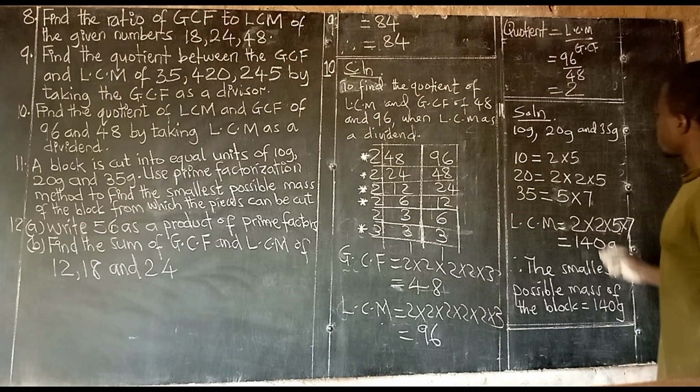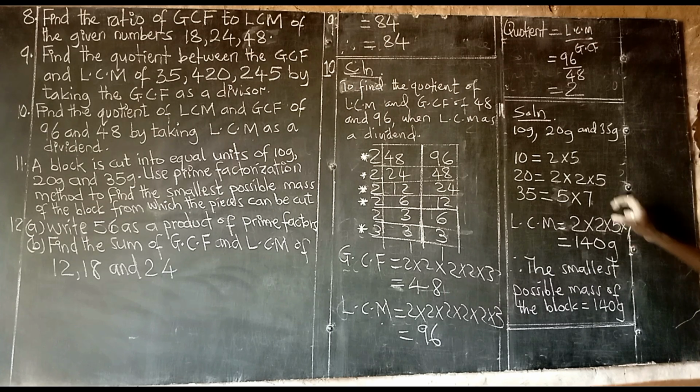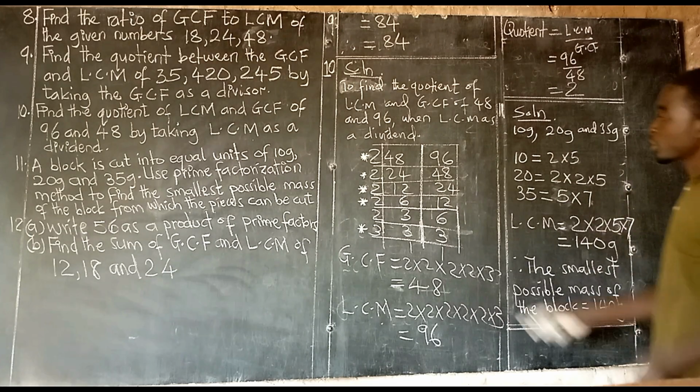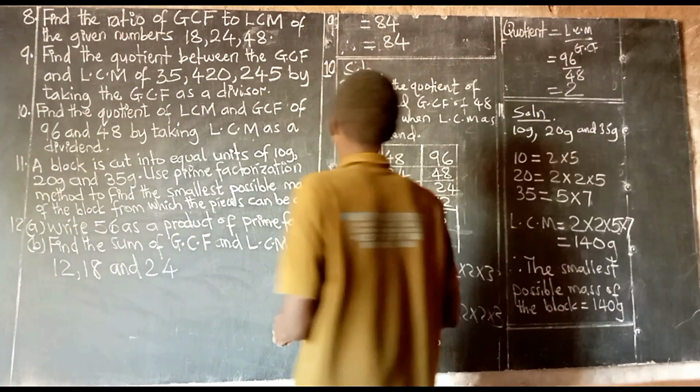Also, this is the way we do. Apart from using this technique of taking the factors as the product of each number, we could also use another way, which could give us the same answer.